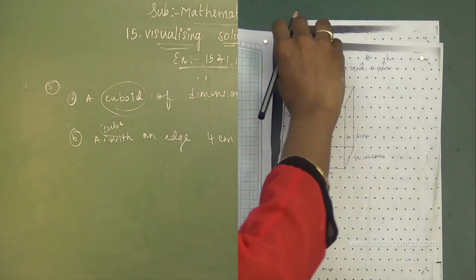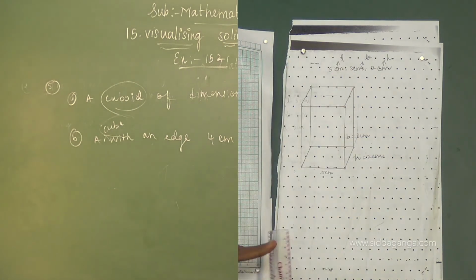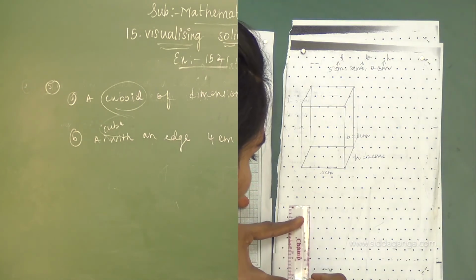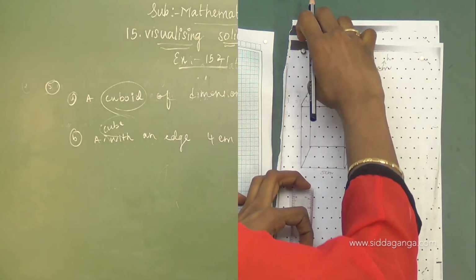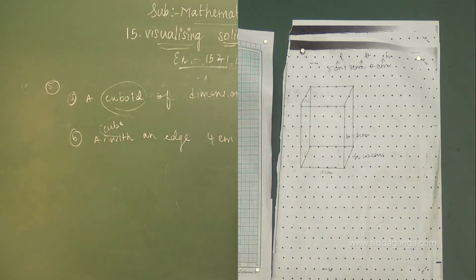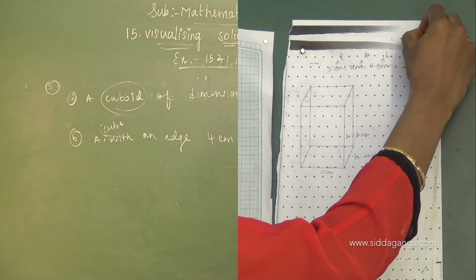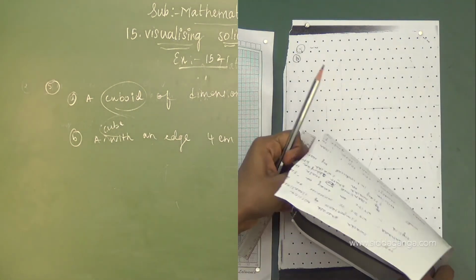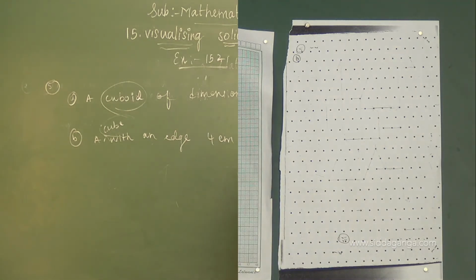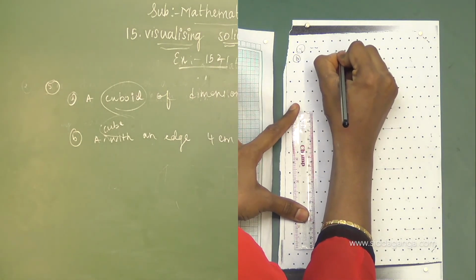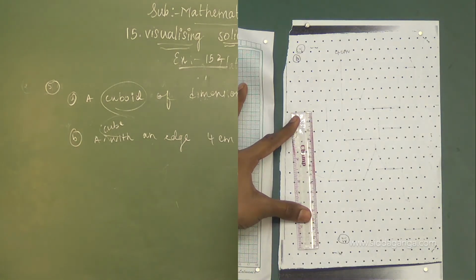If we have to draw the cube with 4 centimeters, we have to take the 4 centimeter sketch first. That means first we have to form one cube. I will show first. For the cube, what they are asking is that every edge of the cube is 4 centimeters.